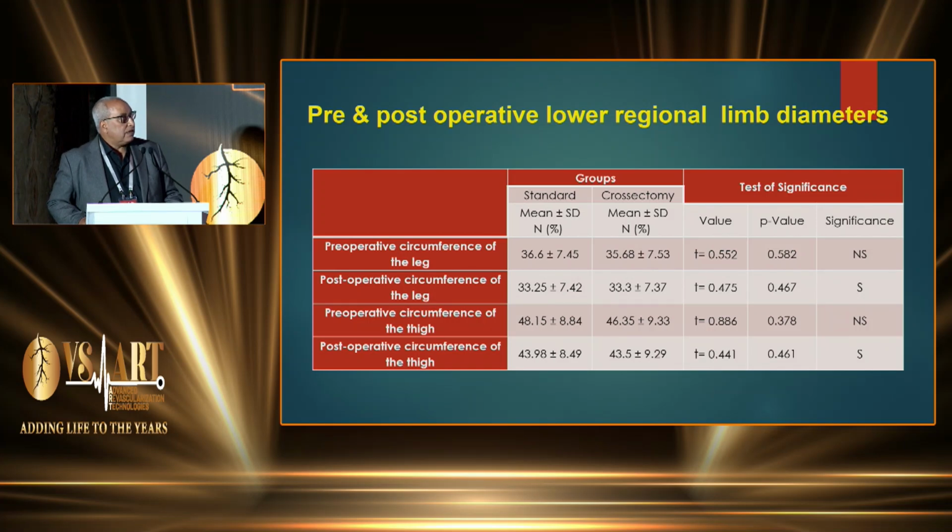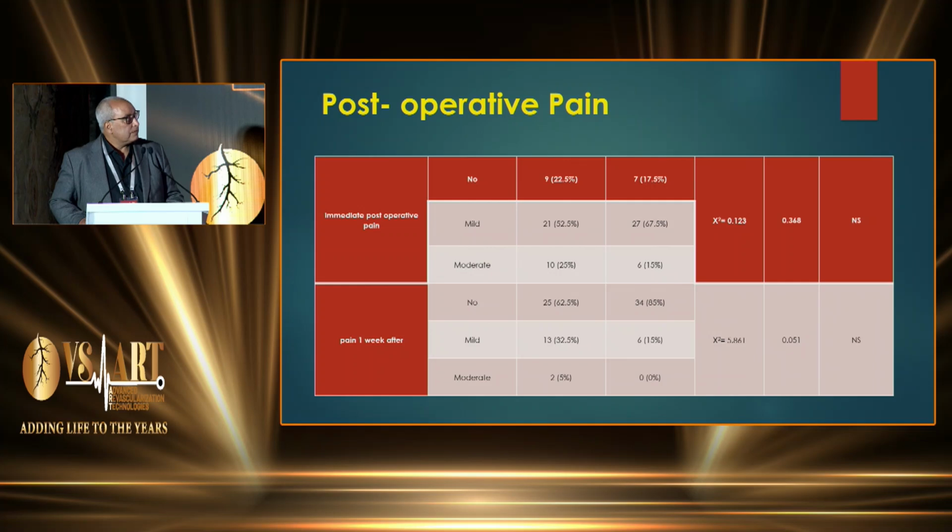After the procedure, there was a significant reduction of the thigh and leg diameter in both techniques. For post-operative pain, there was no significant difference between both groups, either immediately post-operative or 7 days after the procedure.